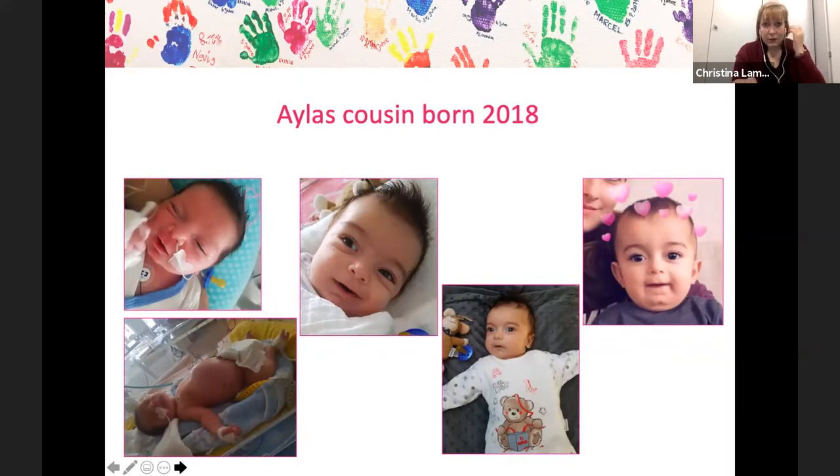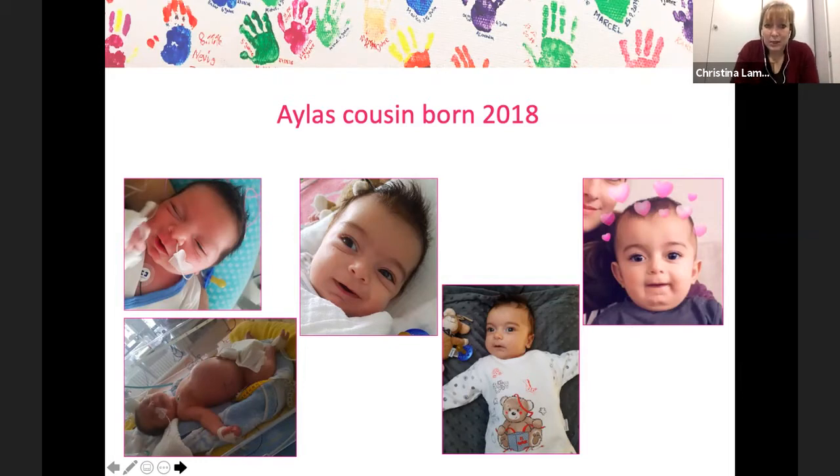Actually, Ayla has also a cousin in her family, and this is him. And he was actually born with a hydrops fetalis, which was tested as an MPS 7. They also then made a medical history and family history, and they understood that Ayla is suffering from MPS 6.